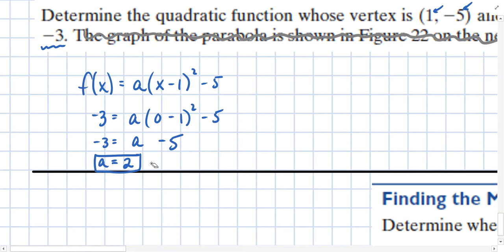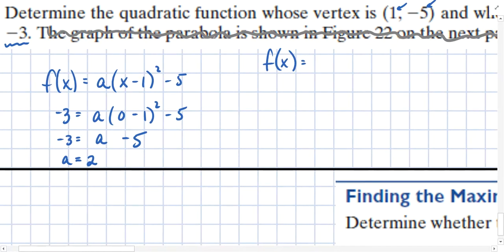Well, now that we know that a is 2, and we already knew what h and k were, we can also say that f of x in its original form must have been 2 times (x minus 1) squared minus 5. And should we be asked to write this in standard form, we can do the same by expanding (x minus 1) and writing it twice.